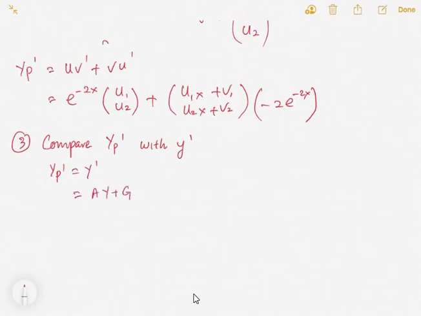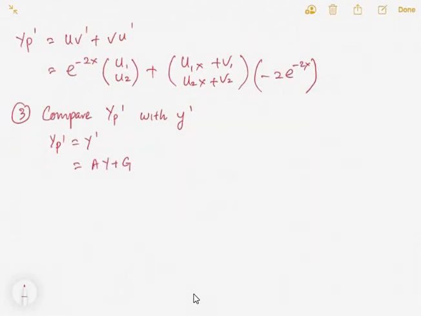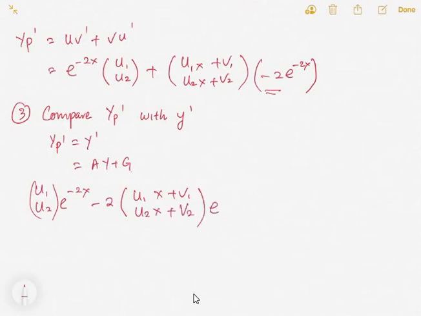Do you still remember? So you can substitute in this y_p prime. So you get (u1, u2) exponent negative 2x minus 2 times (u1x plus v1, u2x plus v2) exponent negative 2x.